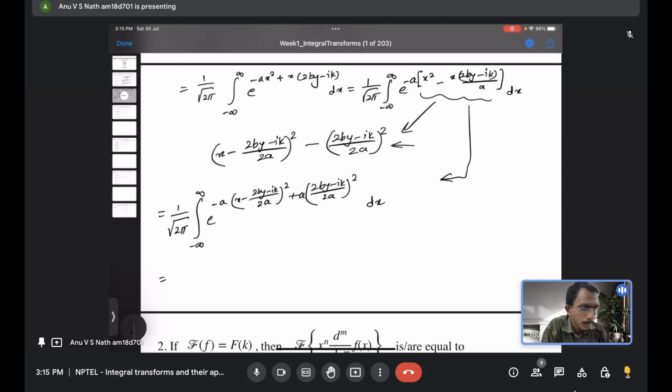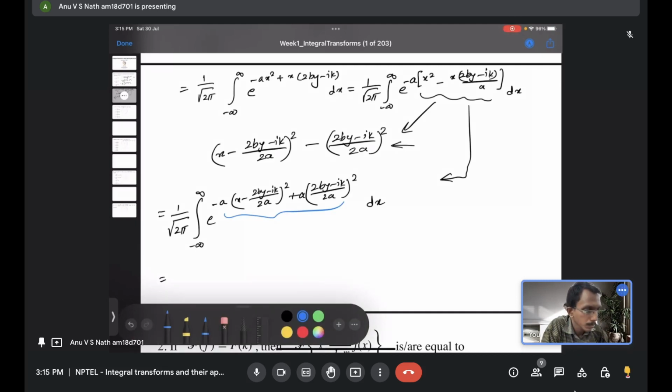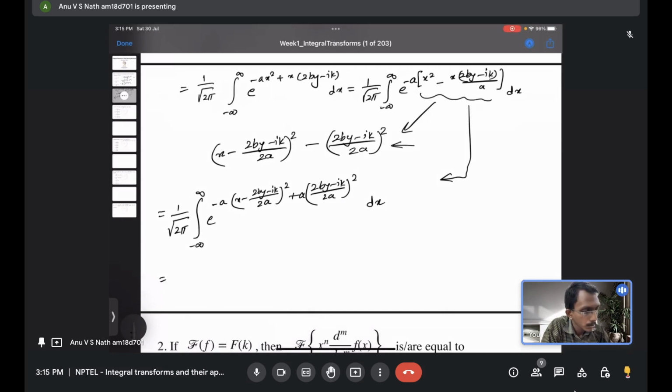So now the terms in the exponential I will separate like this. This is an exponential of a plus b kind of form, right? So I can write it like exponential of a times exponential of b. So I'll split it like this: exponential of the first term into exponential of the second term.